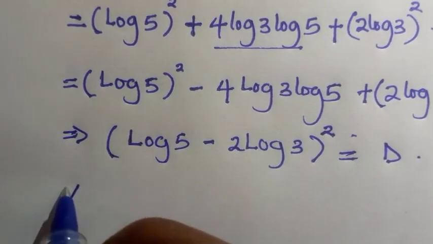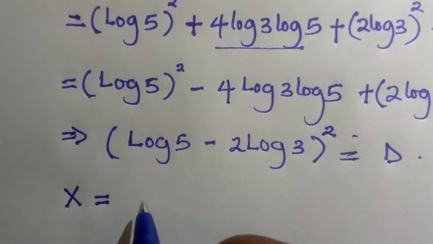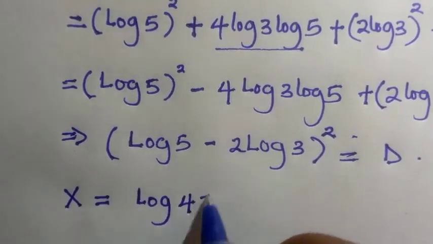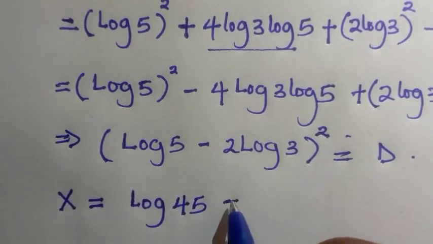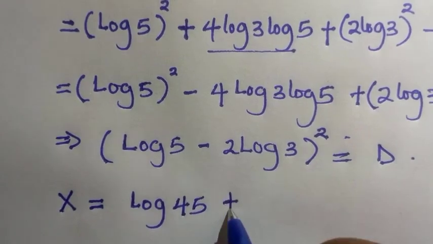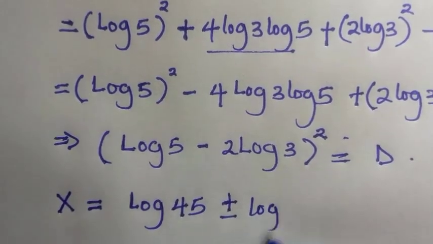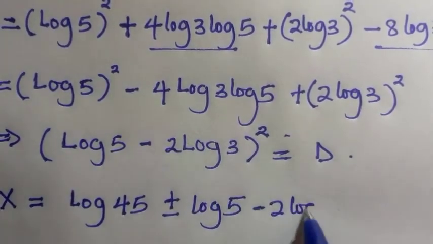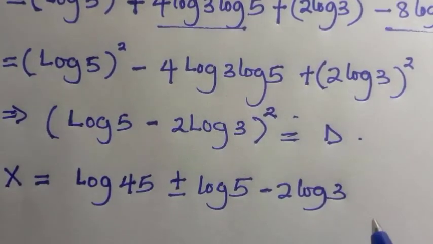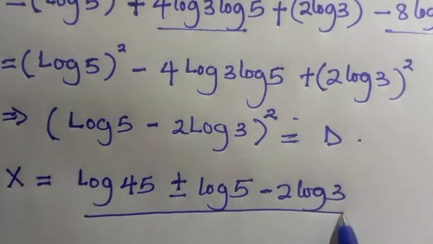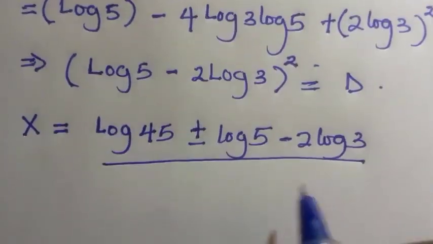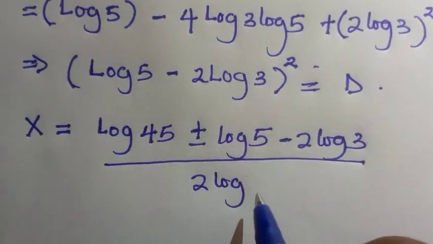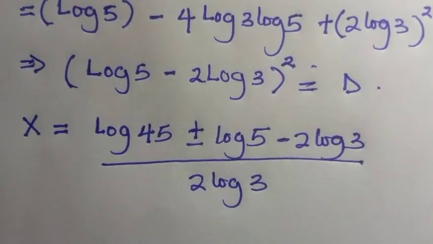Therefore, x equals minus b, and the value of b is minus log 45, so minus multiplied by minus is plus. Then we have log 45 plus or minus log 5 minus 2 log 3, divided by 2 log 3, which is the value of a under the formula. So here we have plus and minus.